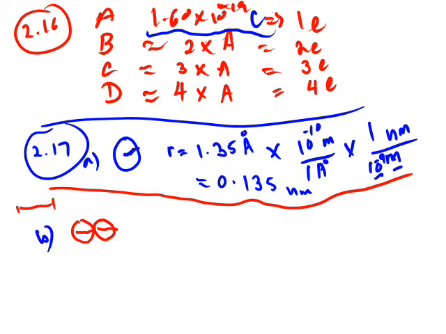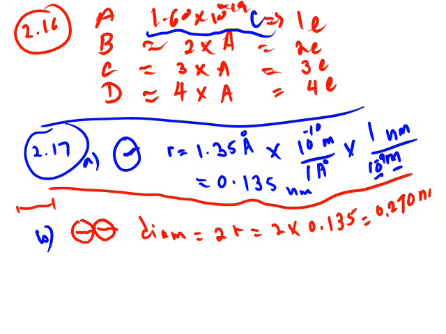Diameter is given by 2 times the radius, and you probably know that already from math. So diameter equals 2 times 0.135, which equals 0.270 nanometer.